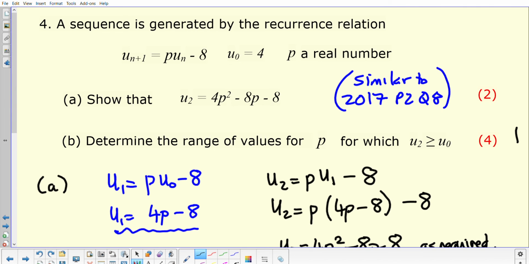Now part B gives you: determine the range of values for p for which, and it makes this statement here, u2 is greater than or equal to u0.